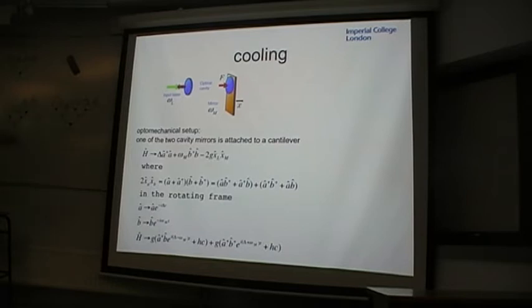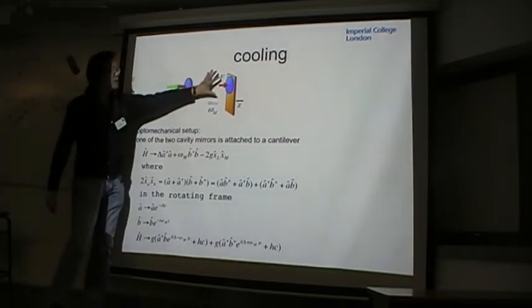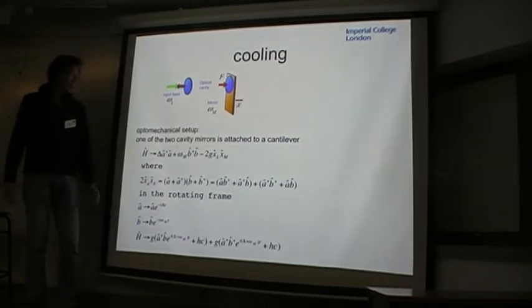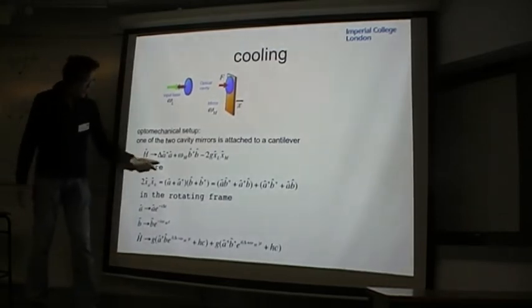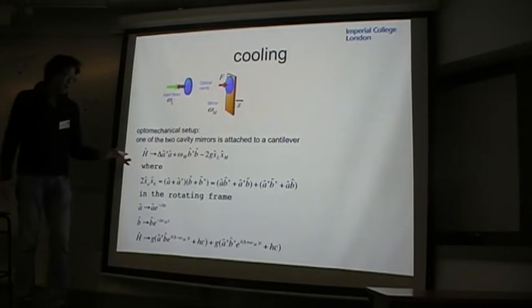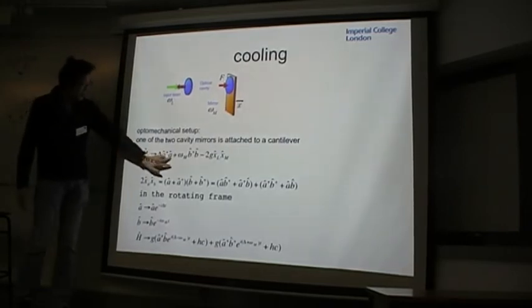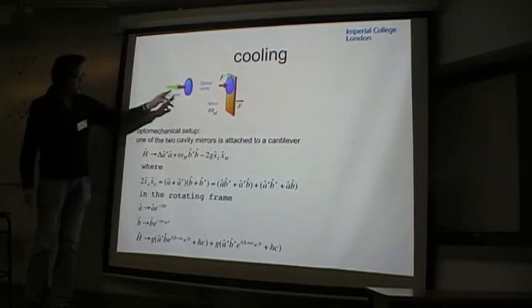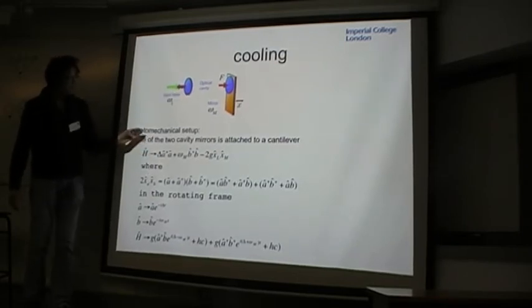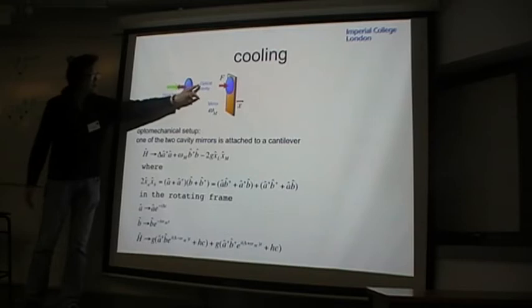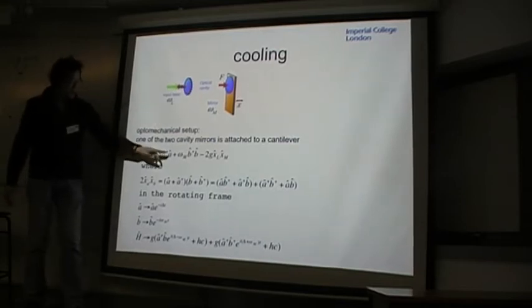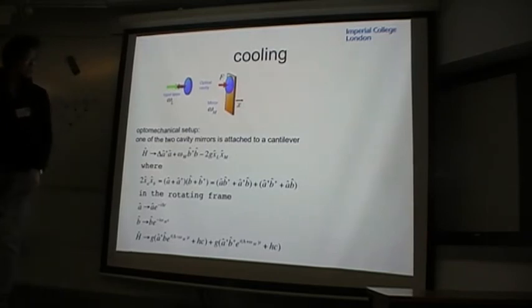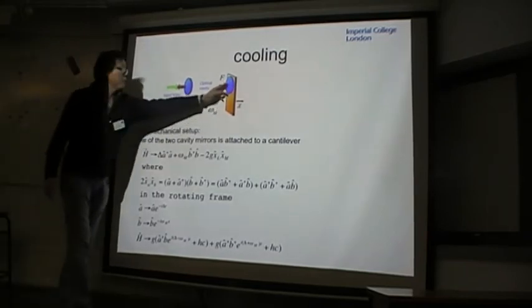In mathematics, the interaction Hamiltonian for that, including the nanomechanical oscillator motion, comes in this form. That's the photon state, and delta here is the energy difference between the external field and the optical cavity field, and omega m denotes the frequency of the mirror.